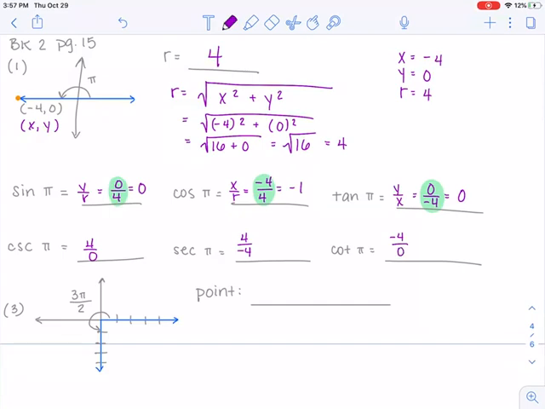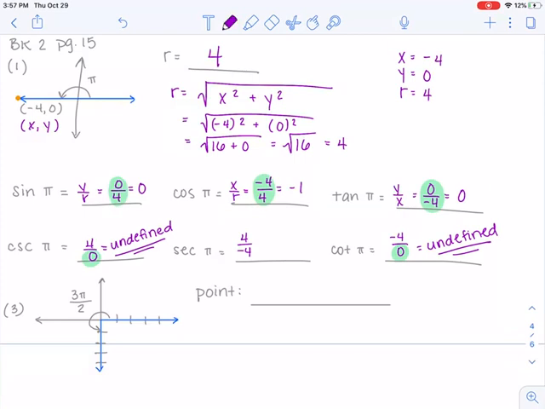But keep in mind that when 0 is in the denominator, we can't have that, therefore it is undefined. Same thing for cotangent. Cotangent is undefined. Undefined would be your final answer because something over 0 is undefined.